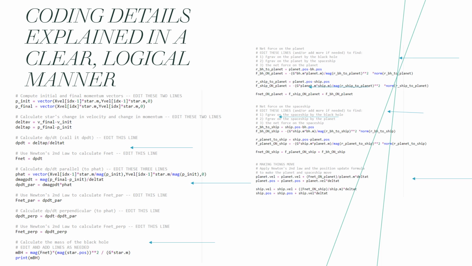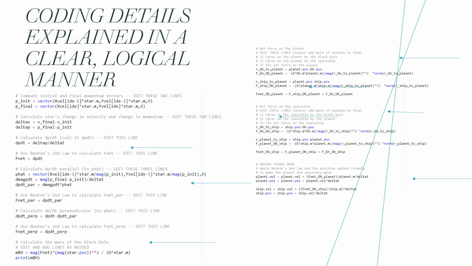So the momentum unit vector is that line that says vector, xvel, idx, etc. Below that we have the magnitude of momentum divided by time. Then on the bottom, dp dt parallel is equal to magnitude times the unit vector. And then below that we have f net parallel is equal to dp dt parallel.